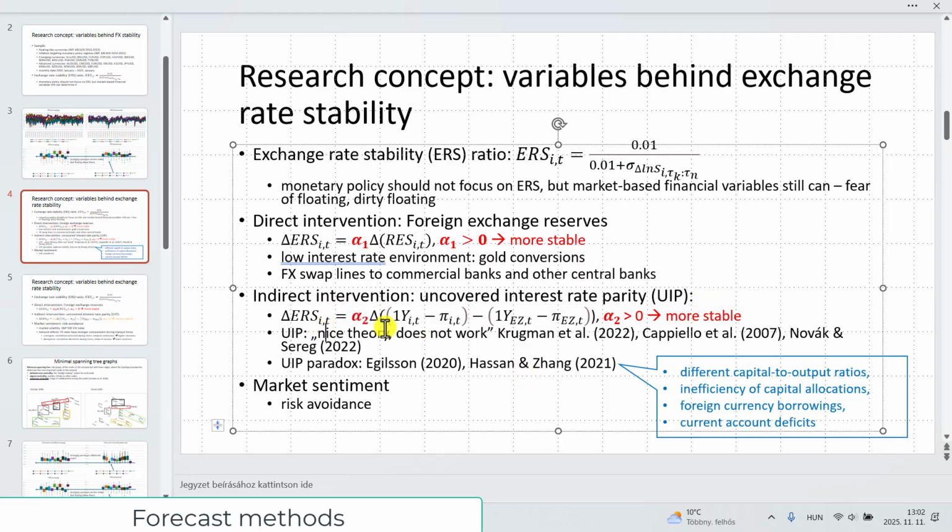Unfortunately, if you check the literature, even Krugman, who writes the book which says that it should work, has this paper where he said that this is a nice theory, it just doesn't work in the short run.